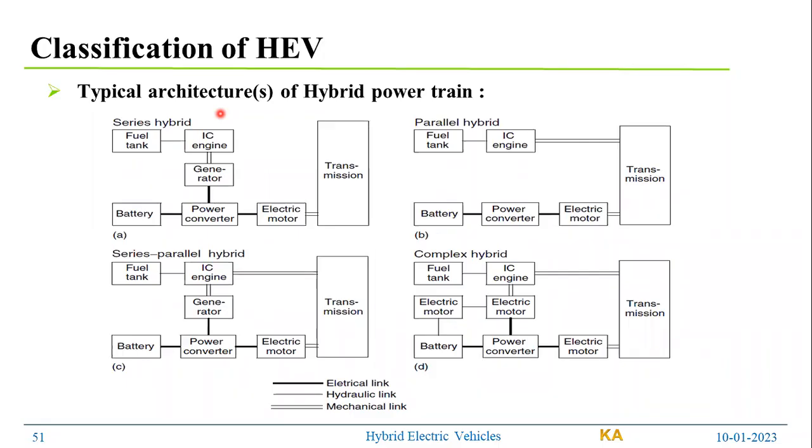Third one is series parallel hybrid electric vehicle. Fourth one is the complex hybrid electric vehicle. Series hybrid and parallel hybrid are the most popular. Series parallel can also be used similarly, but the complex hybrid structure is not in the market right now.